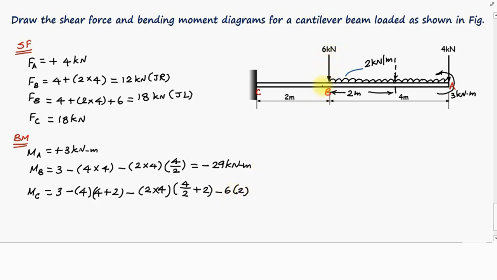That is the distance between the point B and C. On calculation, we obtain the bending moment at the point C is equal to negative 65 kilonewton meter.